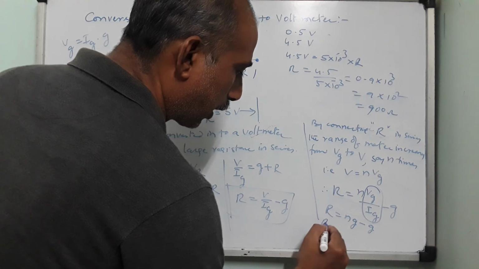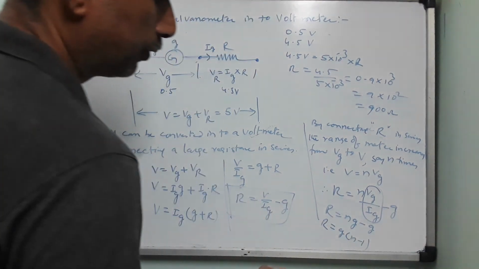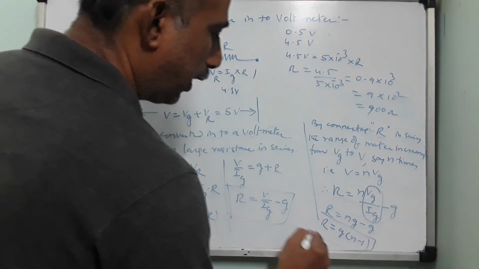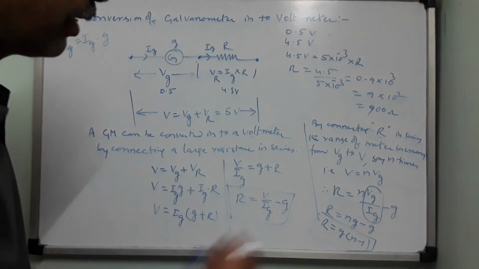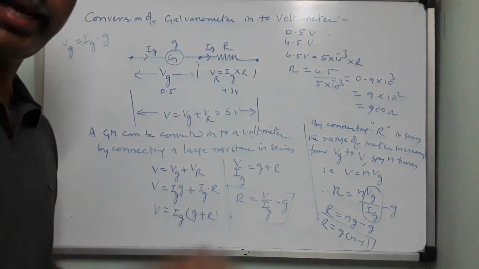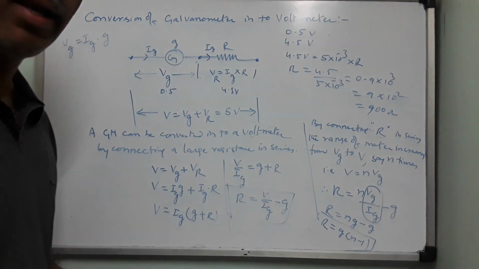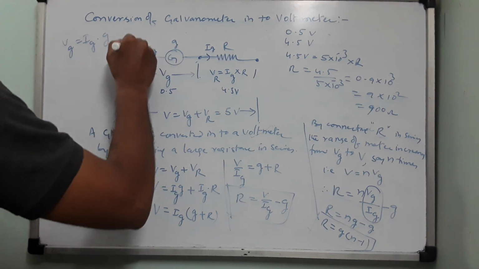Now G is taken common, R equals to G into n minus 1. Earlier we got, children, S equals to G by n minus 1. Now R is nothing but G into n minus 1. This is only because of the configuration. Earlier the resistance was connected in parallel. Now this resistance is connected in what? Series.